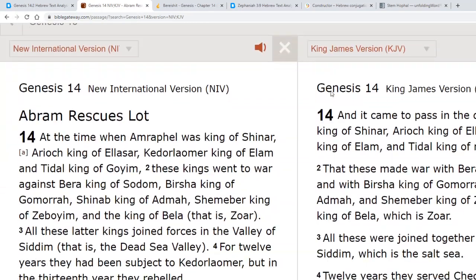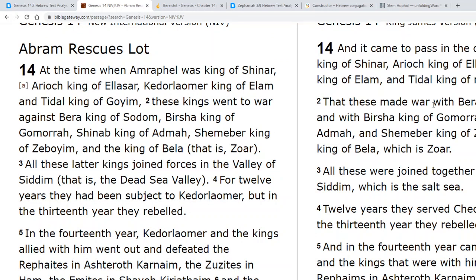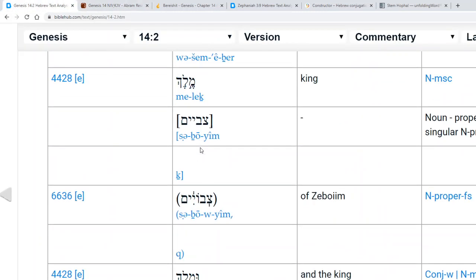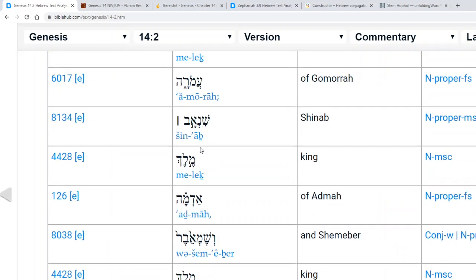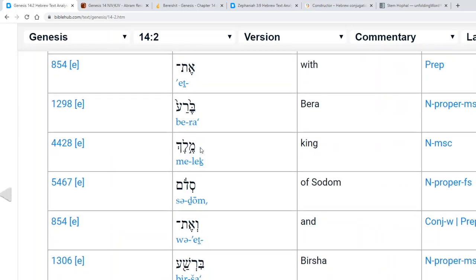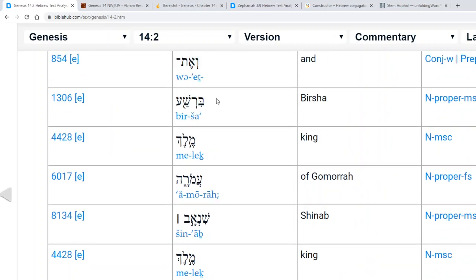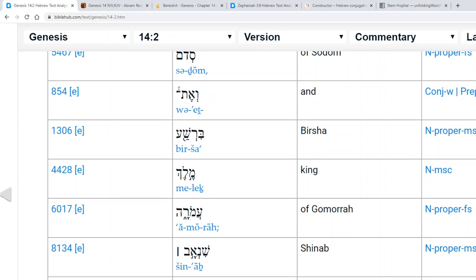Verse 2. That these made war with Bera, king of Sodom, and with Birsha, king of Gomorrah, and Shinab, king of Adma, Shem Ever, king of Tziboi, and the king of Bela, which is Zoar, right? So they're translating it that way. See, I don't like that. One of the reasons I don't like that is because we don't have the ets, right?